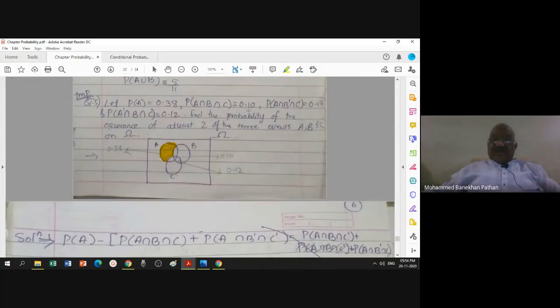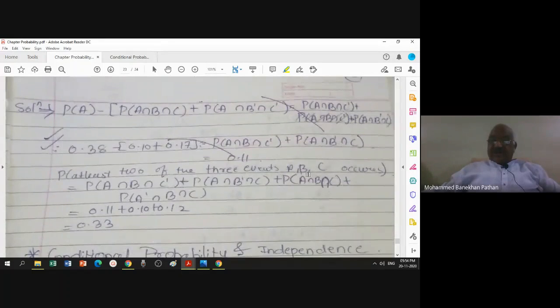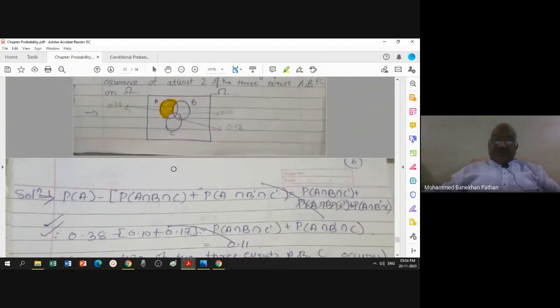Out of these 4 calculations, 0.10 is with you. Where is the 0.10? Probability of A ∩ B ∩ C. So I have this value with me. Now this 0.12 and 0.11, where do they come from? It is the addition of these 3 events. This is your 0.12.